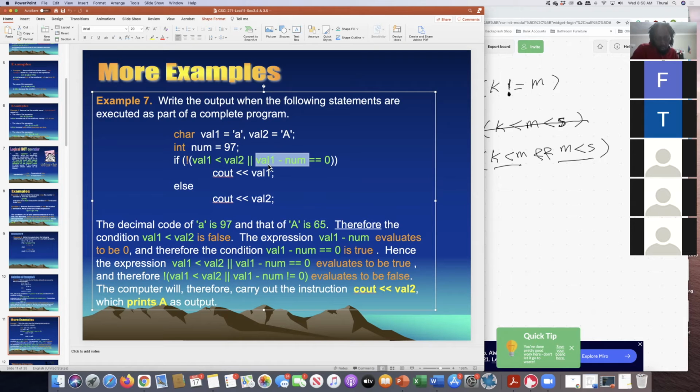And so 97 minus 97, that's what you're doing here. That is 0. So therefore, this condition is true. And so the entire condition is true because one of the conditions is true and the operation is or. So the not of that will be false. So because the whole thing is false, cout val 2 will be executing, which will be printing uppercase A. So uppercase A is the output.